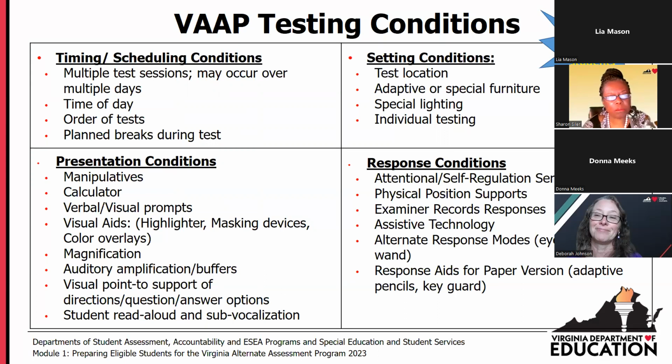For example, in terms of timing and scheduling, the first bullet under this section is multiple test sessions. We know that many students in this population may not be able to complete all 35 test items at one time. So it is permissible for a student to have multiple test sessions that may occur even over multiple days.